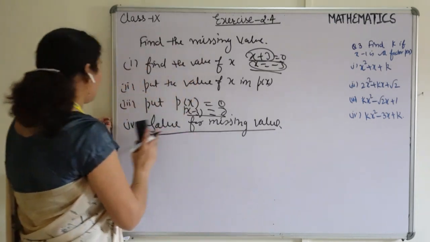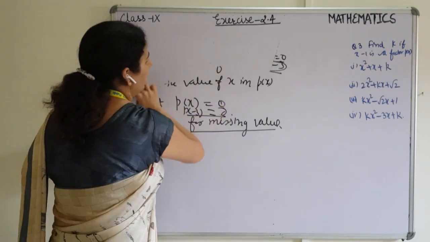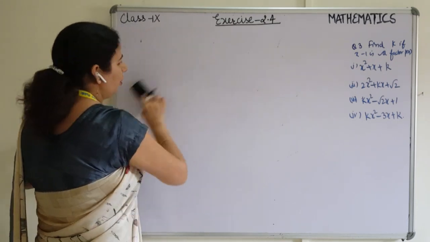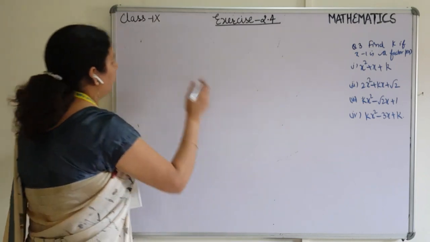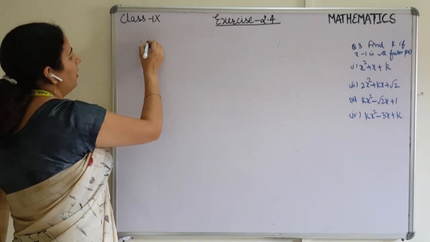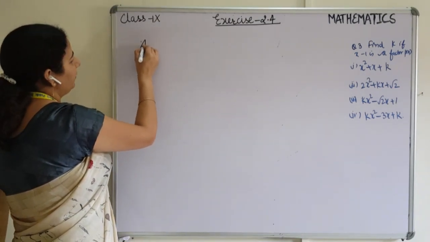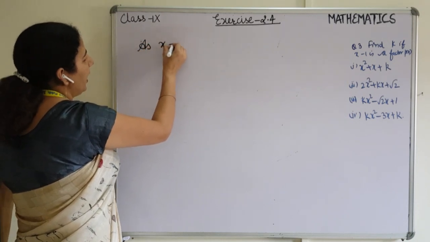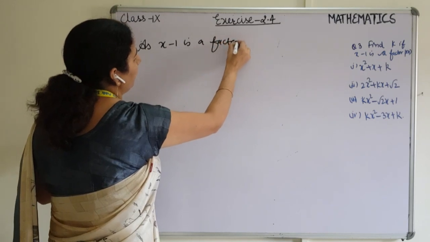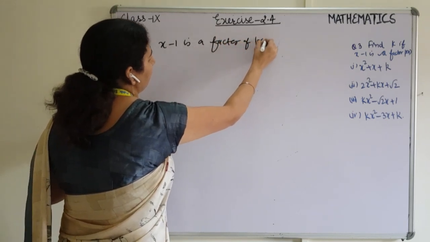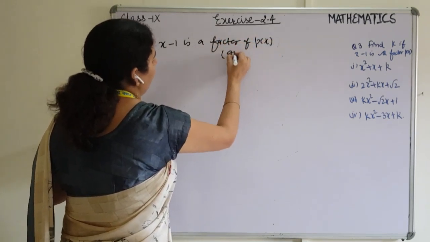So let me start with question number 1. Part number 1 of question number 3. First part is find k, if x minus 1 is a factor of px. This is given.